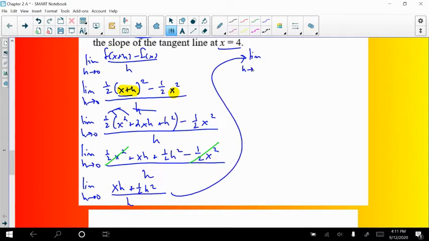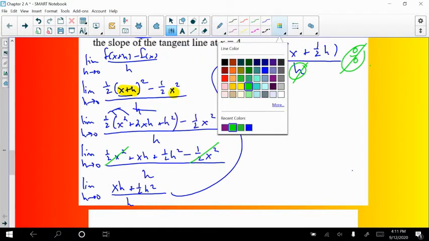So the limit as h goes to 0 of h times x plus 1/2 h all over h. The reason I want you to do this is because I want you to visually see we're canceling this h. Remember, we're removing that 0 over 0 because we're letting h go to 0. So if I can remove this h over h, I'm basically removing the 0 over 0. So now I can analyze what's really happening.